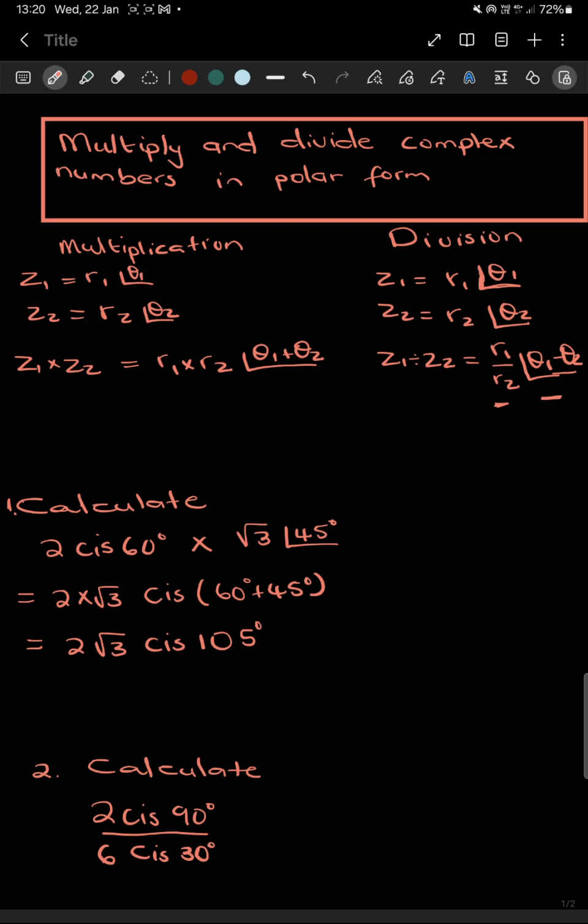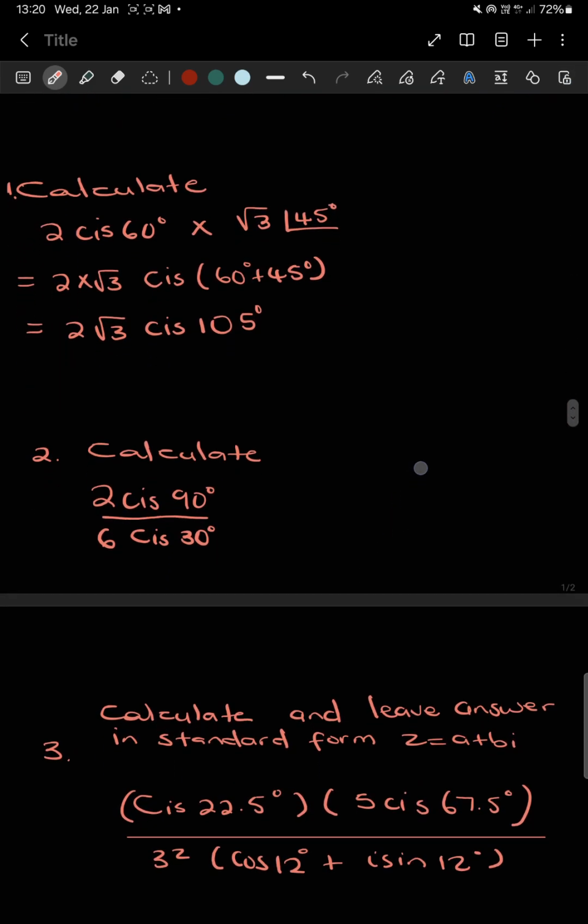All right. What about division? We said with division, we divide our moduli and we subtract our arguments.